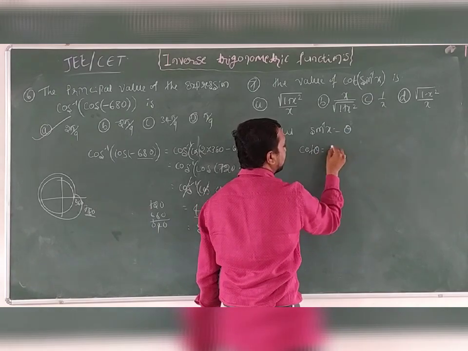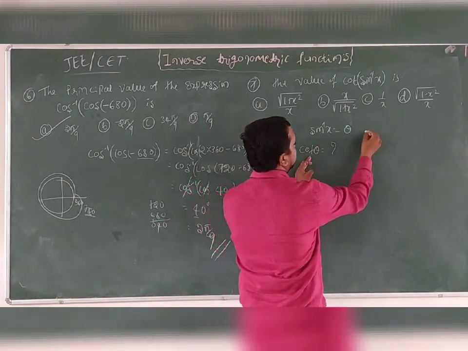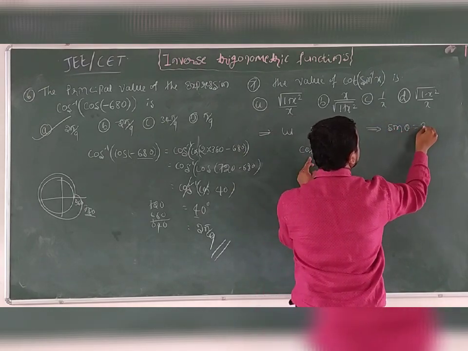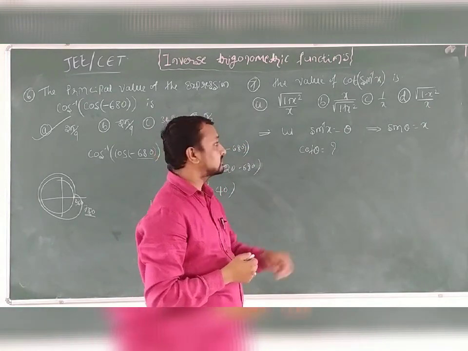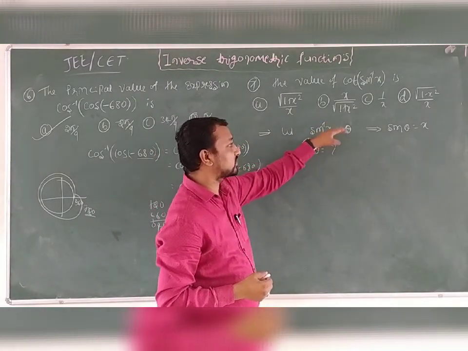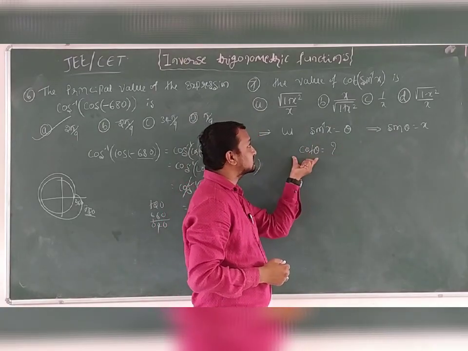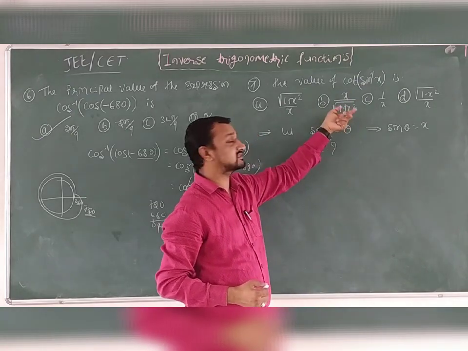Then we can find the value of cot theta. Sin inverse of x equal to theta implies that sin theta is equal to x. By using sin theta we can find cot theta. So the cot theta value should be this answer.